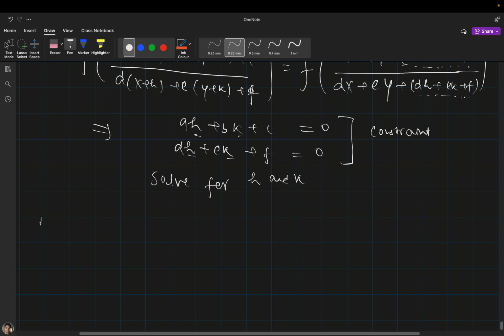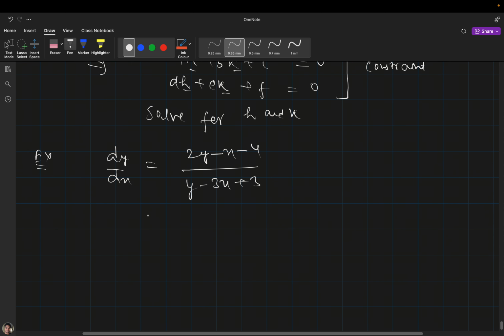Let's take one example, then you will get to know. Suppose I have a differential equation dy by dx equal to (2y minus x minus 4) divided by (y minus 3x plus 3). What will I do? I will substitute x as capital X plus h, and y as capital Y plus k.